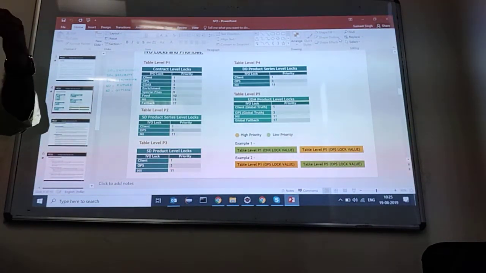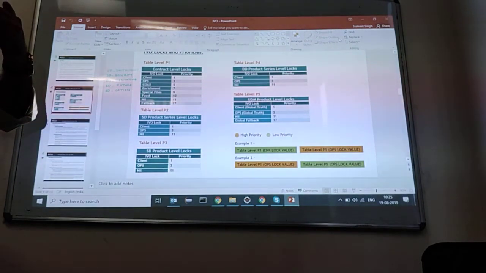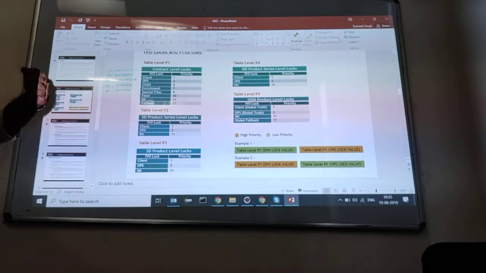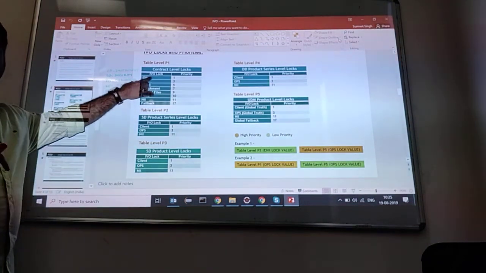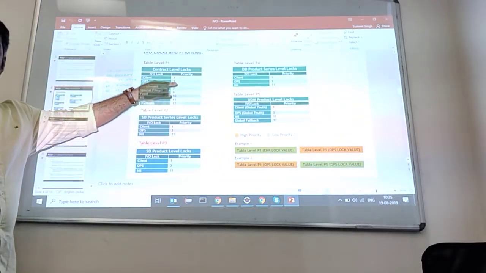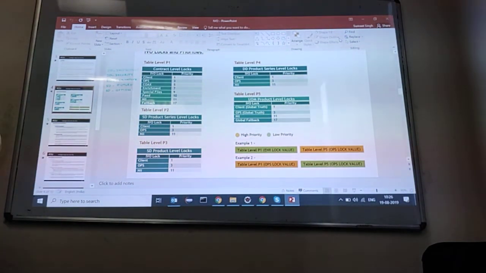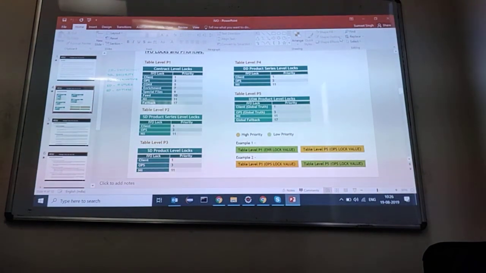The system needs to understand which table the data is persisted in, so it will consider the priority of a table. But then the second priority I have given is a lock priority. So now there are two priorities, and the system has to go with a combination of two priorities, table level as well as lock level.